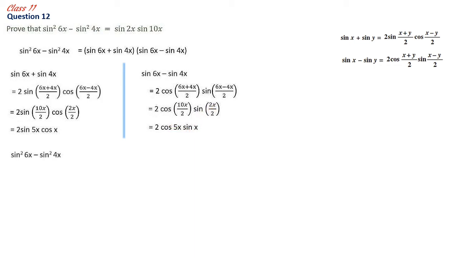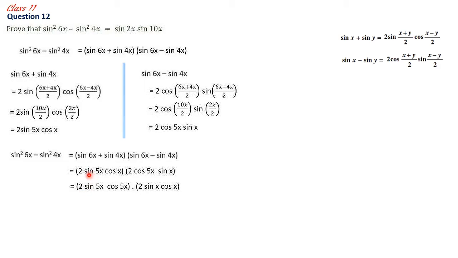Then let's put it together, that is sin²6x minus sin²4x is equal to, we have got the answer, these two terms we have split and just substitute. First part answer we got 2 sin 5x cos x, second part answer we got 2 cos 5x sin x. Then here 2 sin 5x cos 5x, there is a grouping we need to do.